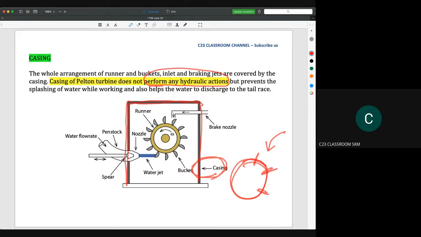It is not easy to install or to sabotage the Pelton wheel mechanism, the Pelton wheel machine. But the idea is it does not perform any hydraulic action here, meaning the pressure is atmospheric pressure. So it is okay to have or not to have a casing here.